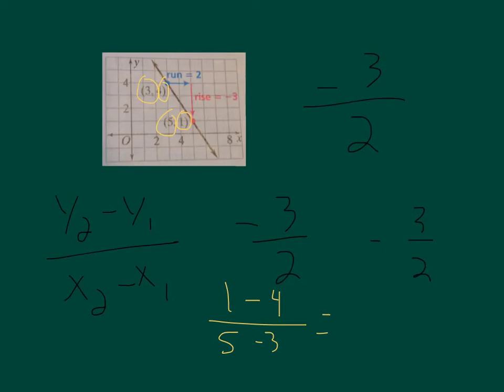Well, 1 minus 4 is -3. 5 minus 3 is 2, so we still get -3/2. Again, that might look kind of familiar in some way. But notice, I didn't do negative and a negative in there, and it wouldn't work in that case, but if you made a negative and negative, then you'd have a positive, which would mean that line is actually going this way, which means you read it from right to left.